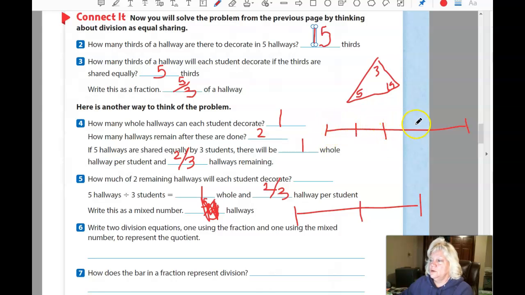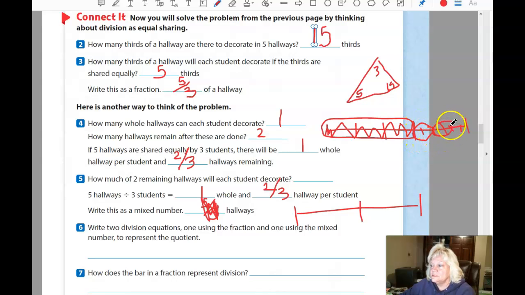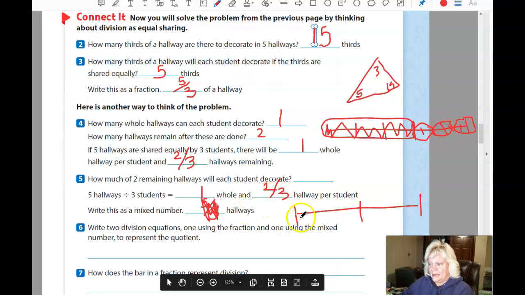So they had the 5 hallways to do. We took out these 3 hallways because we know that they're each getting a whole hallway. So then that leaves this amount right here. And these were divided into thirds. And we had 3 kids doing each one. So one of them gets this, one of them gets this, and one of them gets that. That's where I got the 2 thirds down there.